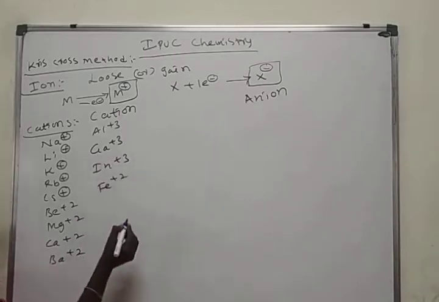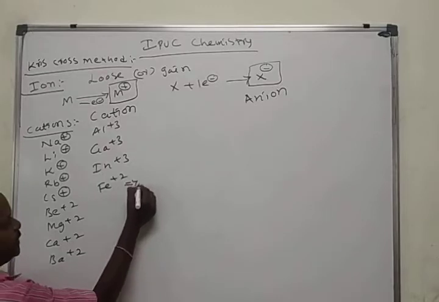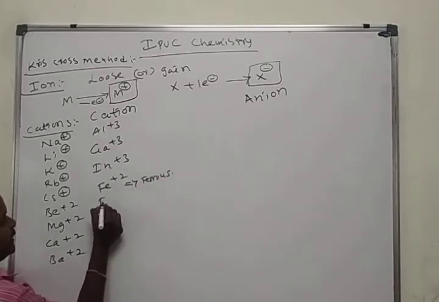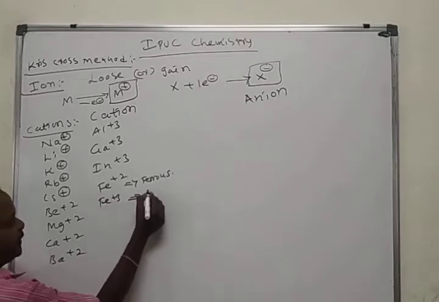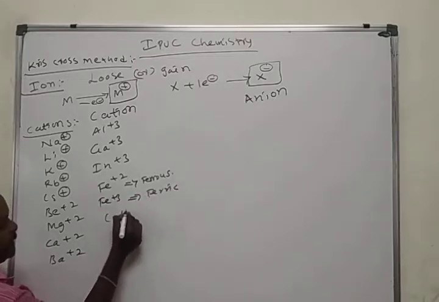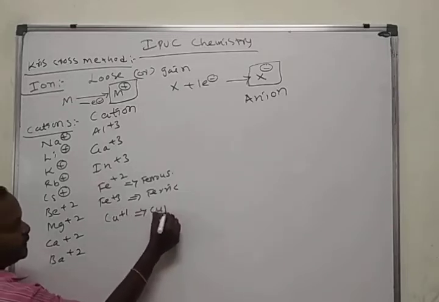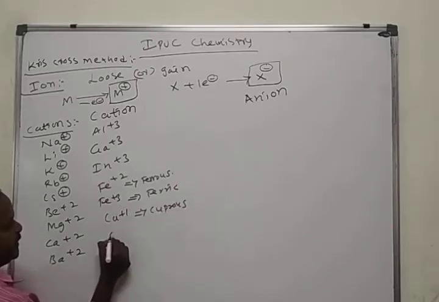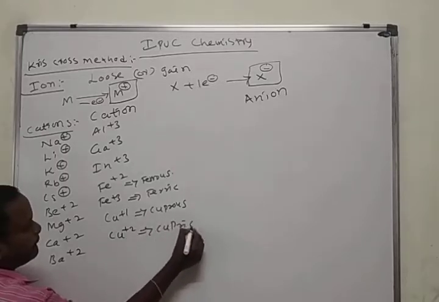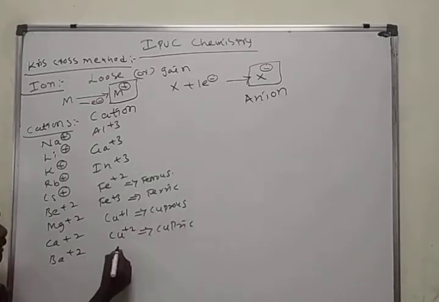Iron, Fe plus 2, we call ferrous. Fe plus 3 we call ferric. Cu plus 1 we call cuprous. Cu plus 2 we call cupric.